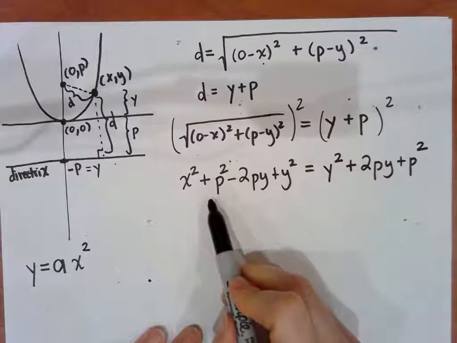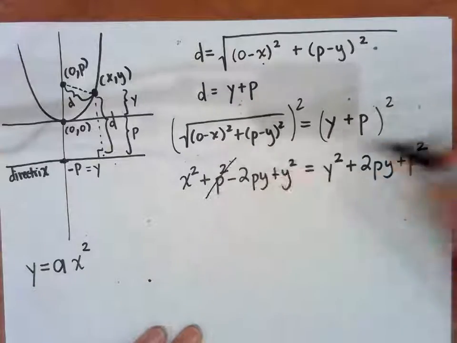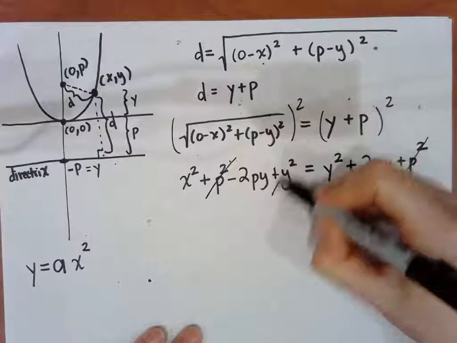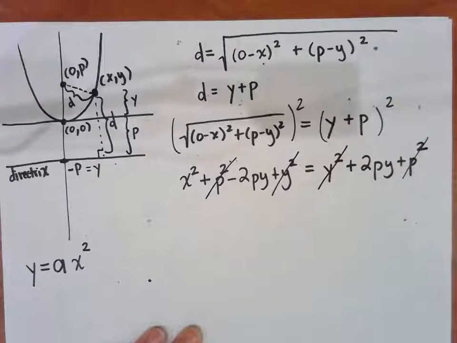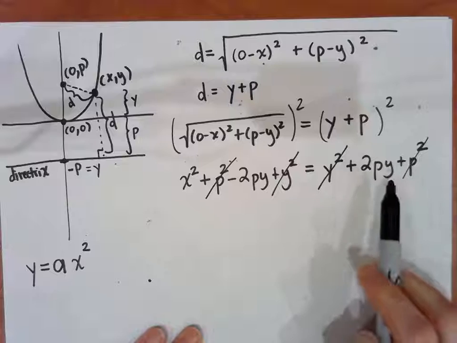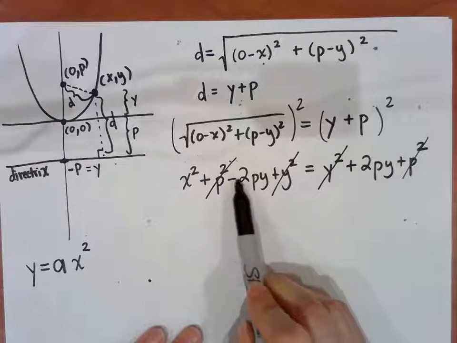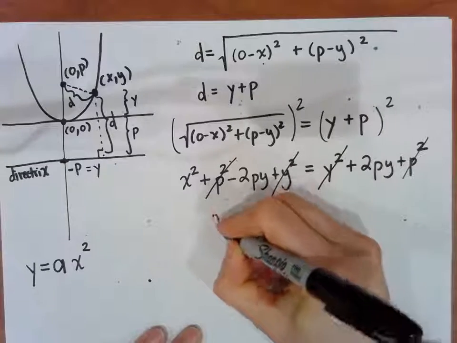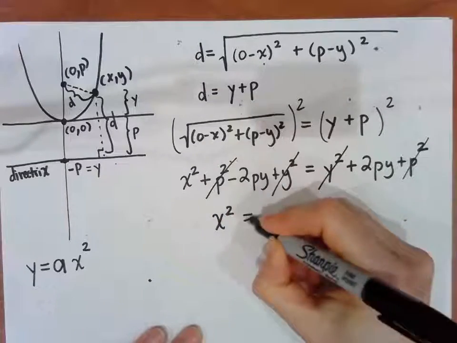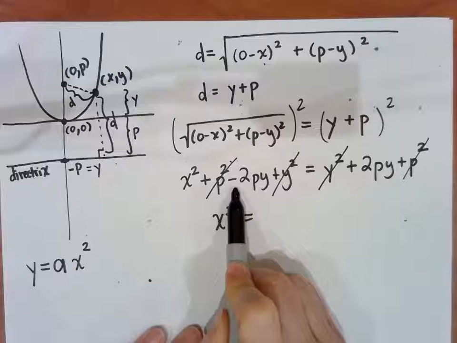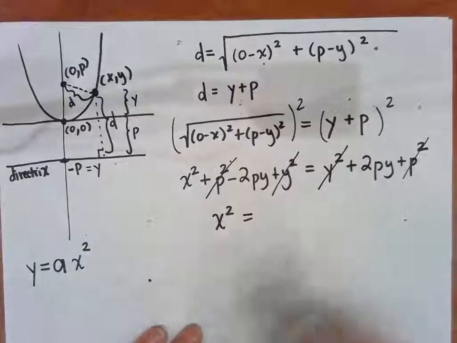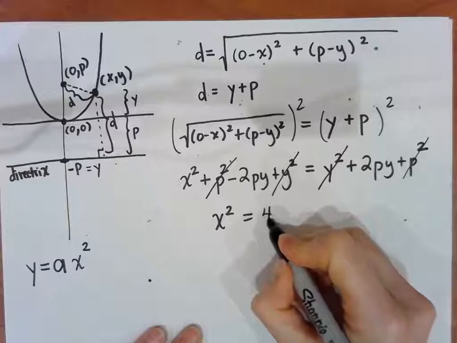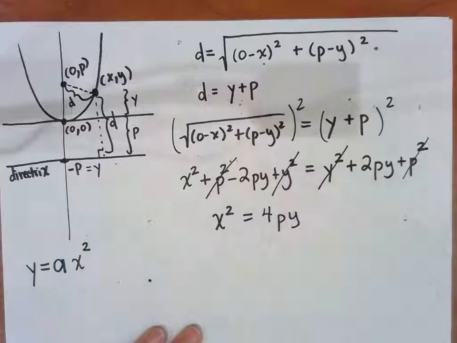Okay, so if we subtract p squared from both sides, those will go away. If we subtract y squared from both sides, those will go away. So let's put all of the y's on this side and leave the x squared over here. So we'll have x squared, and then we'll add 2py to this side, so we'll get rid of it, and we'll add the 2py to the other side, and we'll end up with 4py.